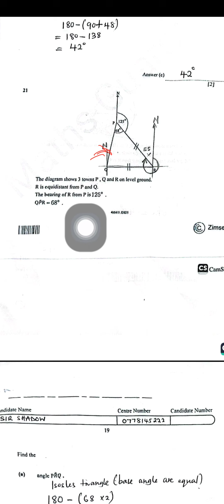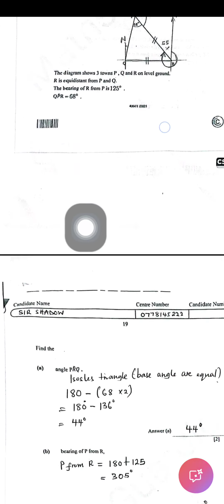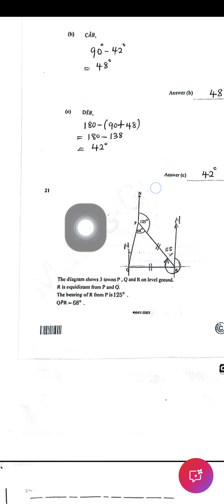This small angle, right? For me to find this small angle, first of all, I have to find this angle. How can I find this angle? I can just say 360 revolution minus the sum of 68 plus 125. From there, I managed to get 193. So 360 minus 193, I get 167.